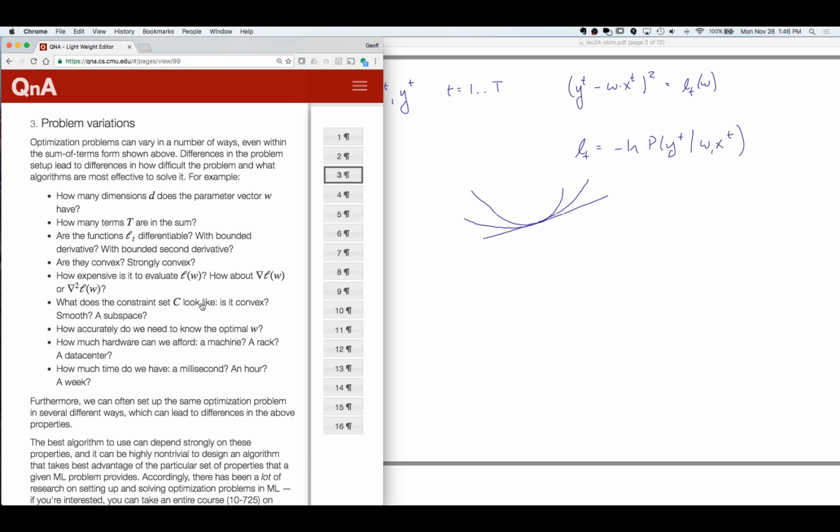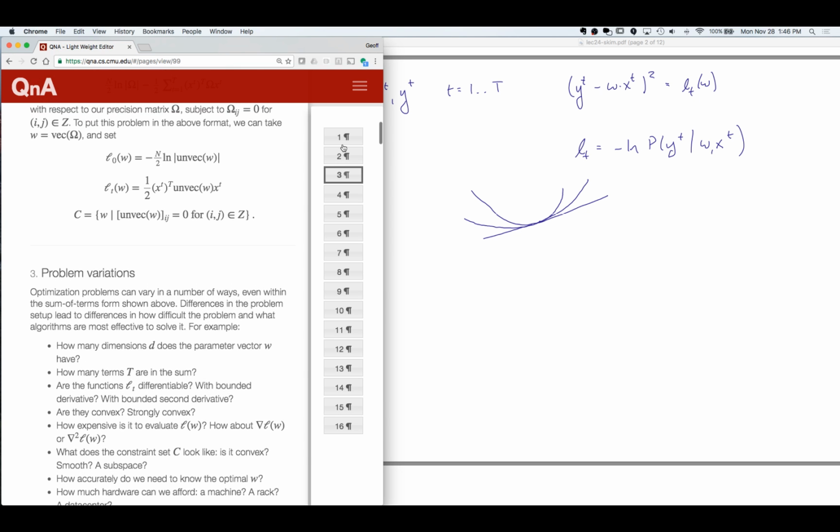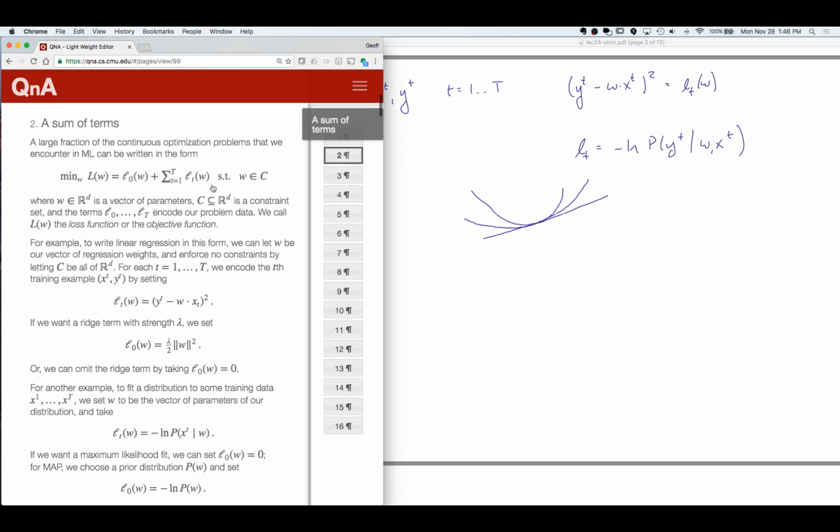Now I wanted to point out one more thing if we go back up to the problem formulation. So here I've broken out L0 from the rest of the loss functions. And one of the ways that you can be different about setting up the problem is you can choose to group all of the terms with some set of properties, like being non-smooth or being strongly convex.